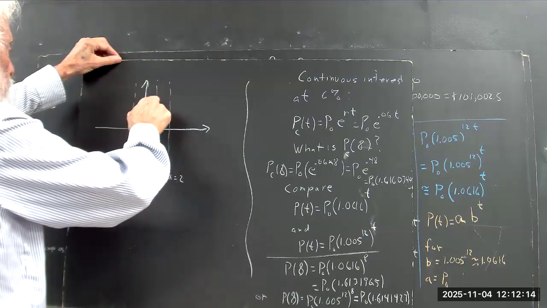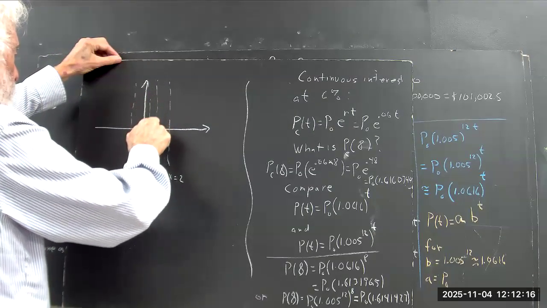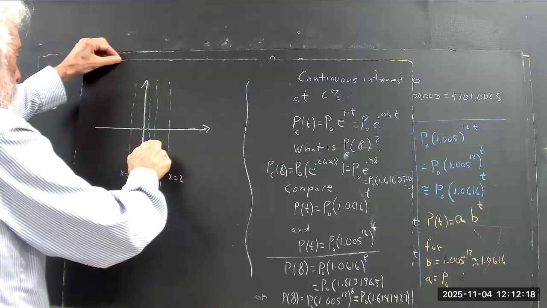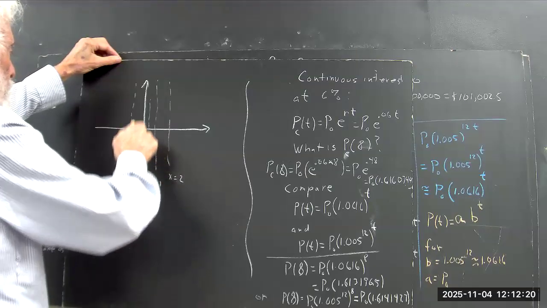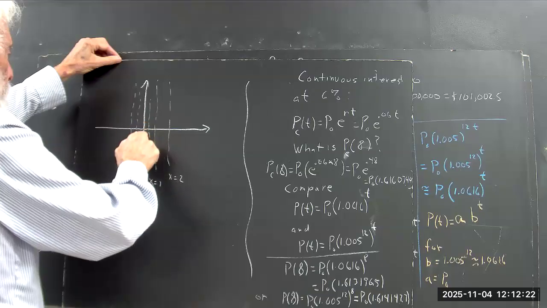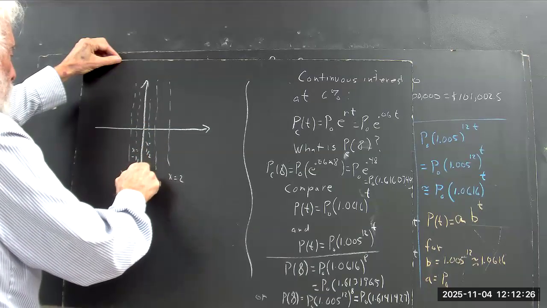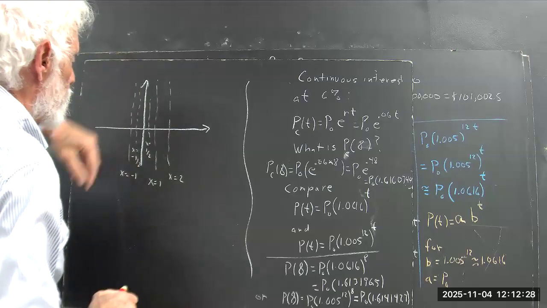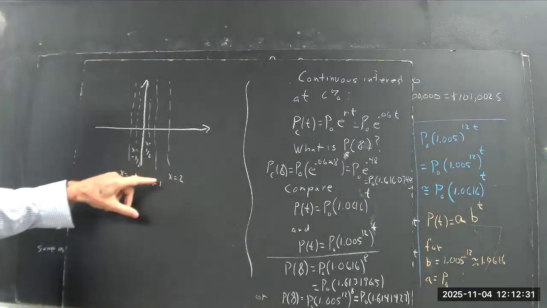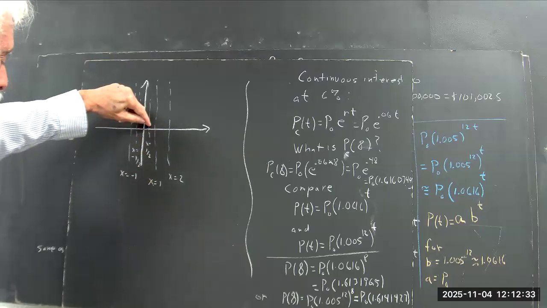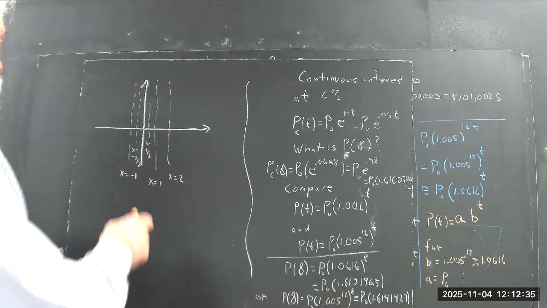But I also want x equals 1/2. Maybe a little hard to read that. x equals -1/2. Okay. So anyhow, that's x equals 2. Divide that in half, you've got x equals 1. Divide that in half, you've got this.